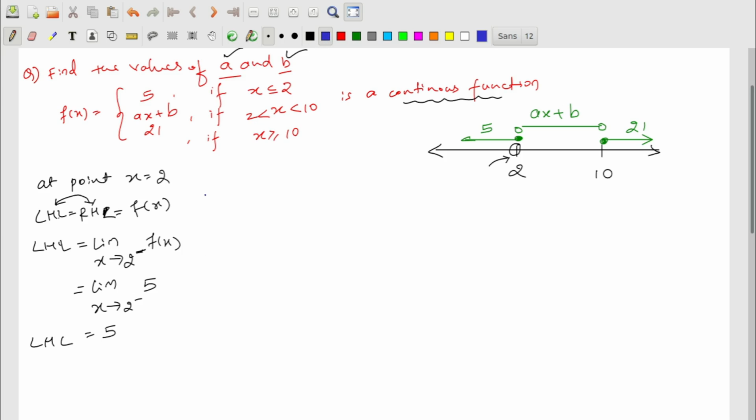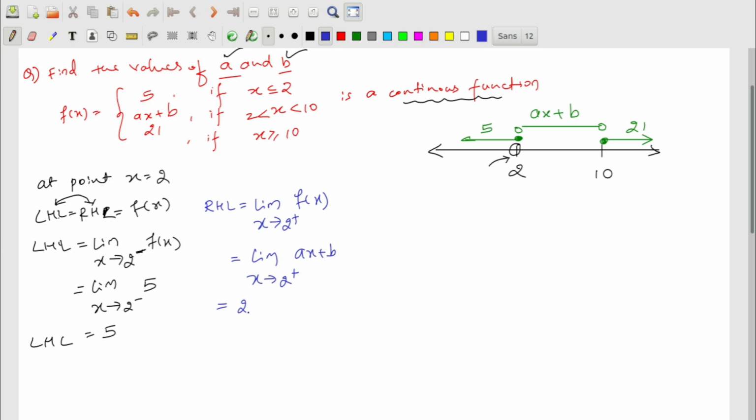Next, let me take the RHL, the right hand limit. How do we find the RHL? The limit as x tends to 2 plus of f(x). What is 2 plus? More than 2. If x is more than 2, then the value of the function is, as x tends to 2 plus, ax plus b. Now you make a substitution, take 2 in place of x.